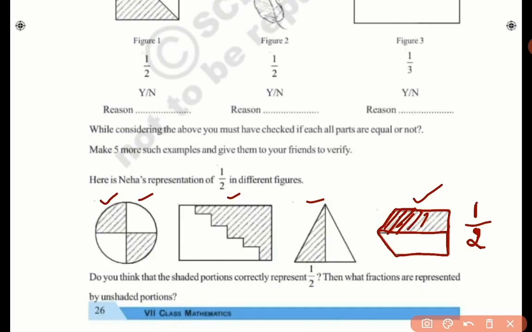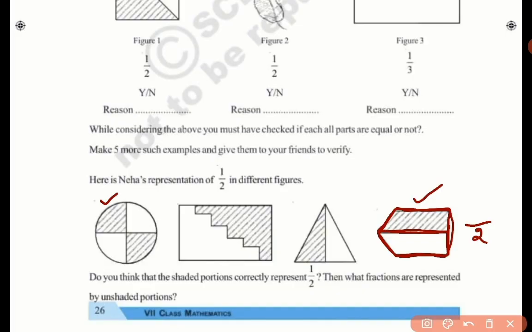They are also asking us to represent the fraction for the unshaded portion. Since they are asking for the unshaded portion, this is divided into 2. This whole shape looks like an arrow mark. It is divided into 2, so I'll take the denominator as 2.